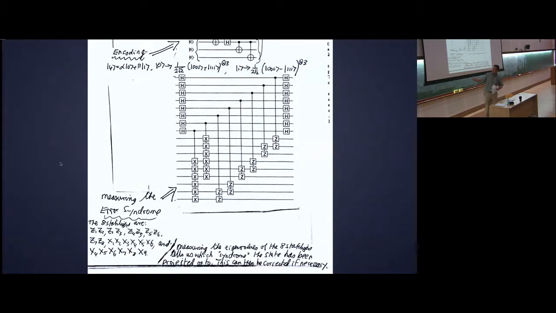So we're correcting stored information or transmitted information. But how are we doing that? Well, we have some pretty complicated circuit with lots of gates. And what are these gates going to do? They're going to add errors. So we have to be careful that the error correction doesn't add more errors than it's trying to solve.